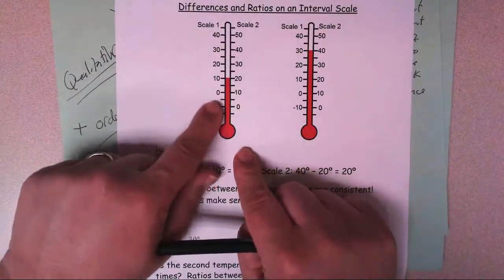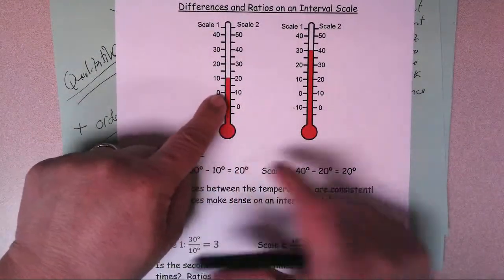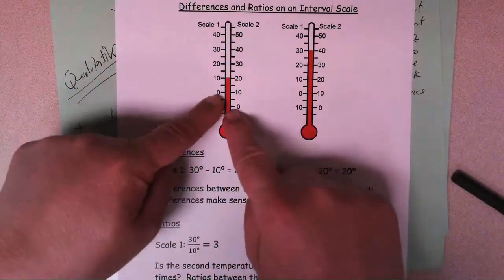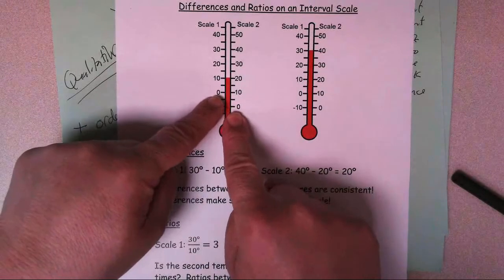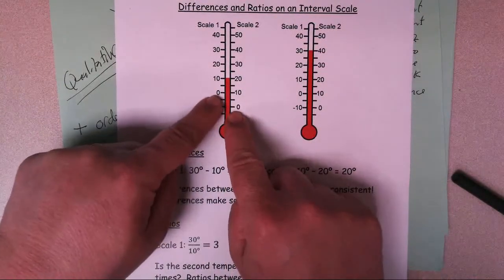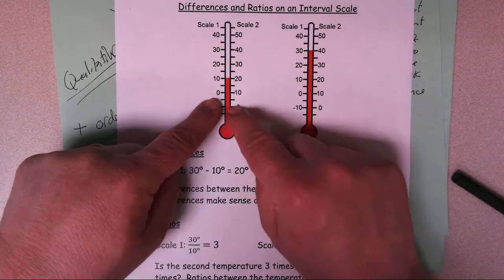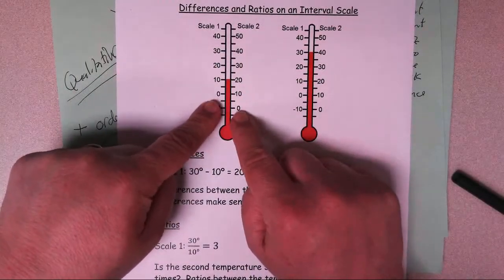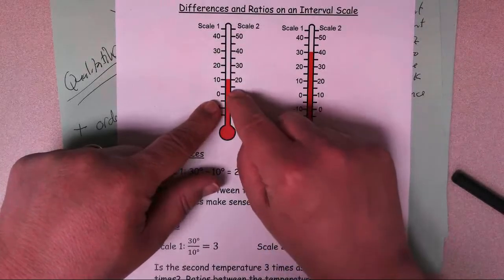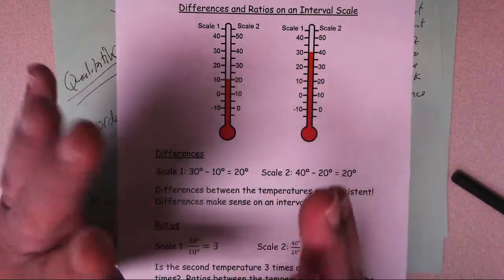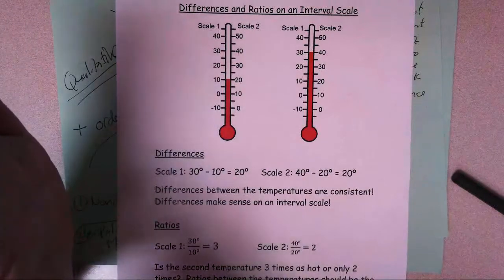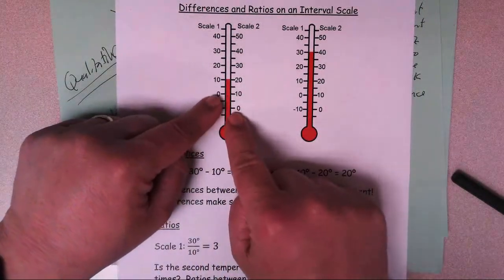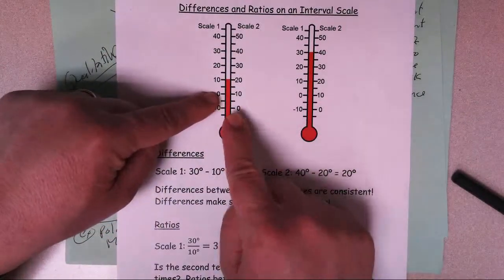On this scale they chose this temperature, whatever it is, to be 0 degrees, and on this scale they chose a different temperature to be 0 degrees, and then they're measuring from that. To make it simple, the steps on the scales are the same. The units are not actually the same when you're comparing Celsius and Fahrenheit, but in this example, we'll say that they are.